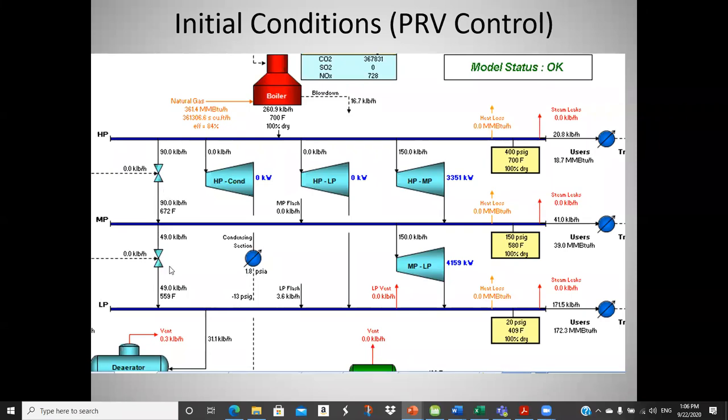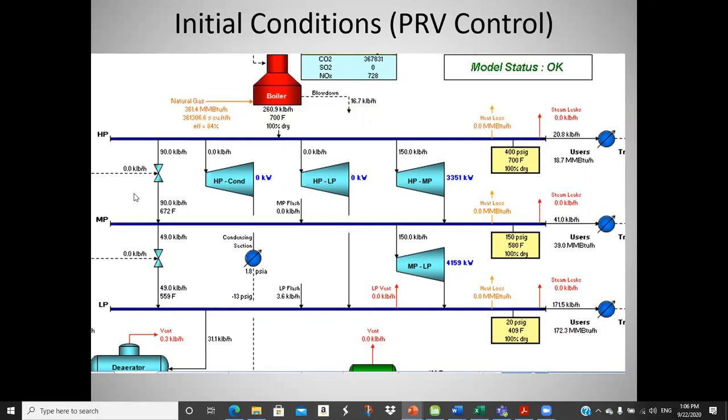You see the temperatures, all of that. Even with this going on, I've got 150,000 pounds an hour going through this turbine, producing 3351 kW, and the same amount going through this turbine, producing another 4159 kW. So I'm producing about 7.5 megawatts, and still putting all this steam through a PRV.